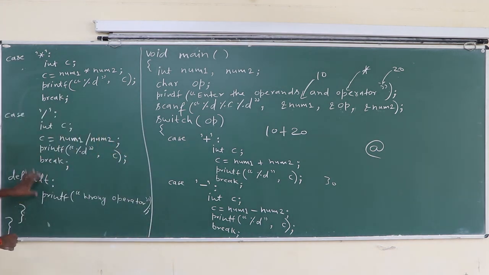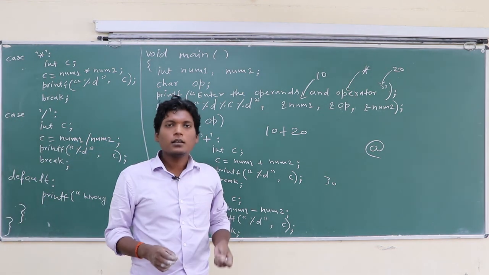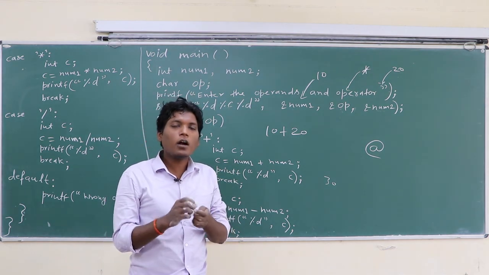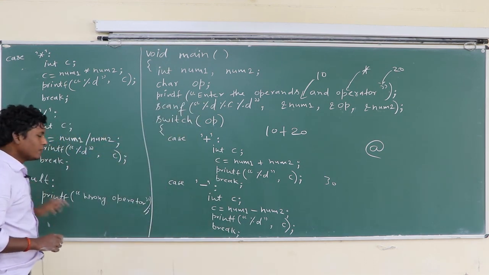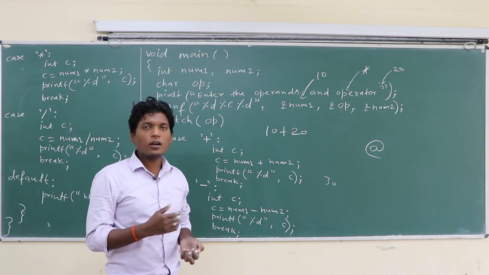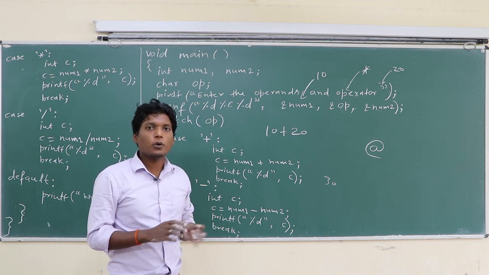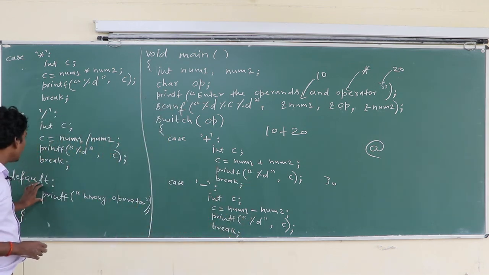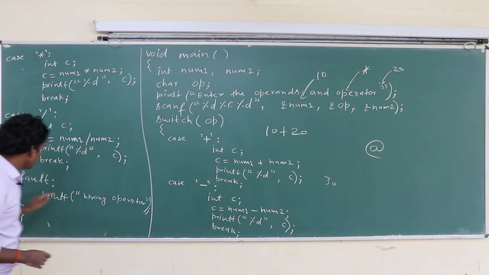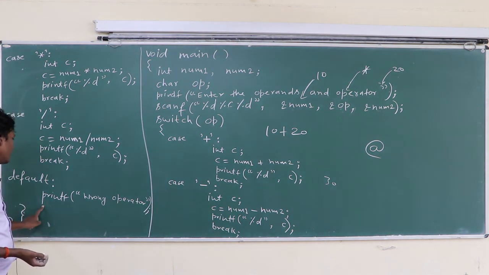It's not necessary that default should be at the bottom. The default case may be anywhere in the program, and default is optional. If you want no default case, you can remove it. Writing break in the default is also optional. Otherwise, this is the last case, so control exits from here.